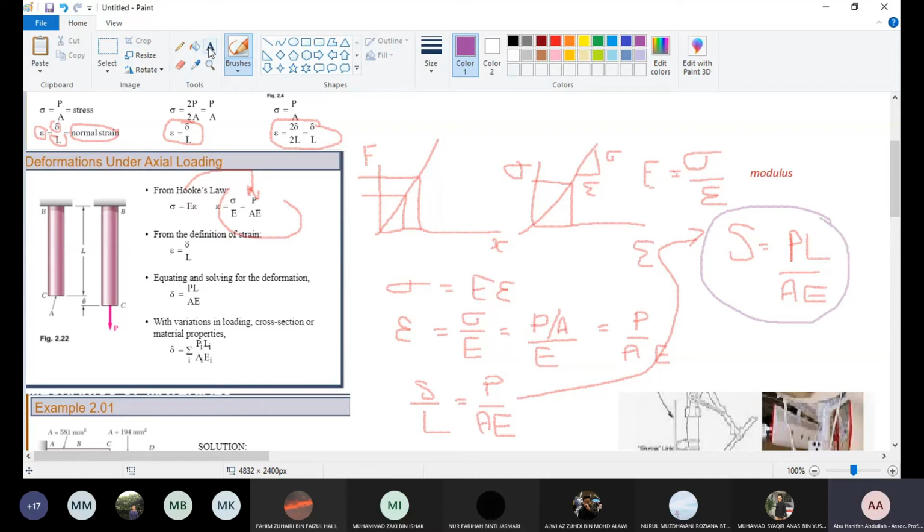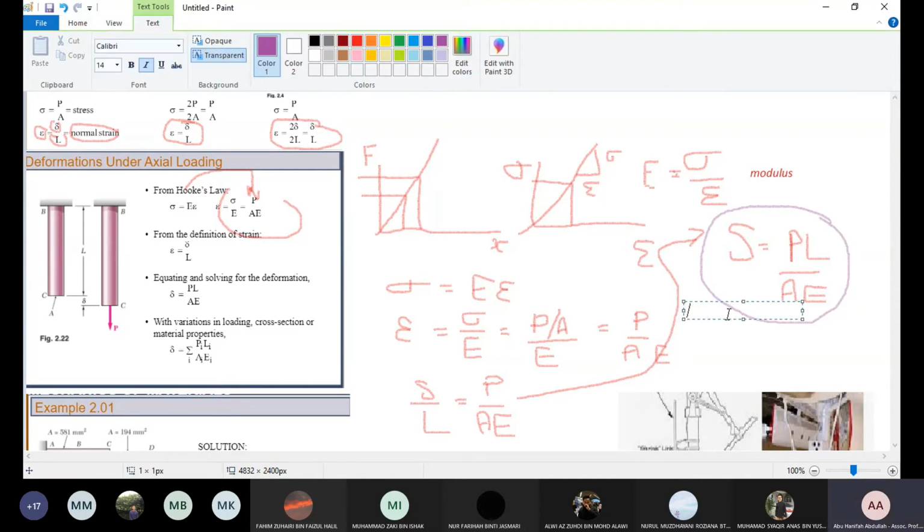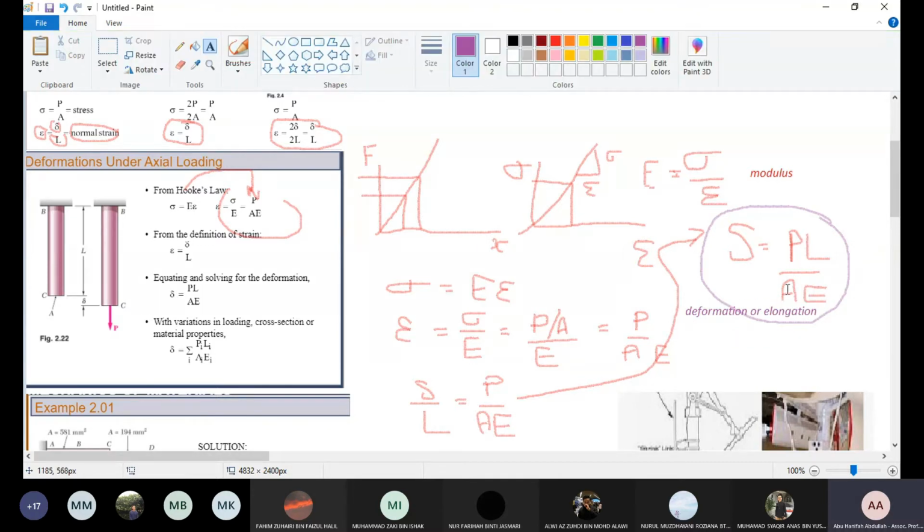If you are looking for deformation or elongation because it's stretch, it will be force times the length of the pipe over the cross-sectional area of the pipe times the modulus of elasticity of the material.